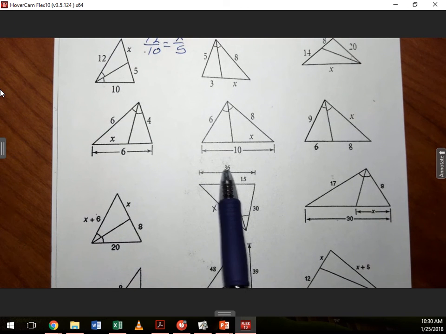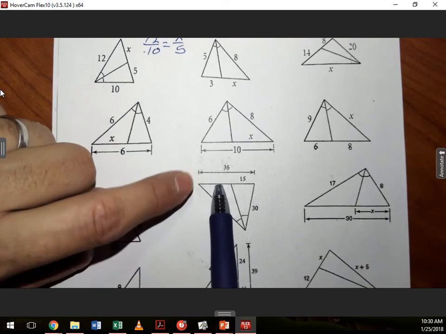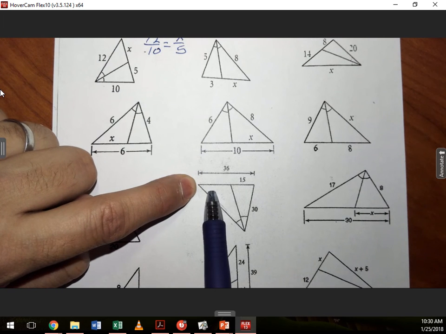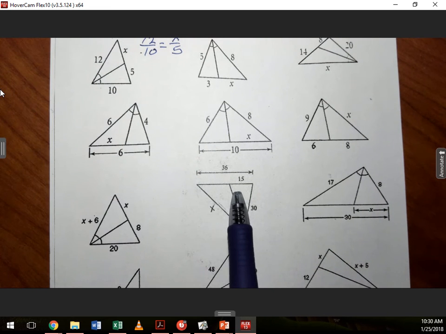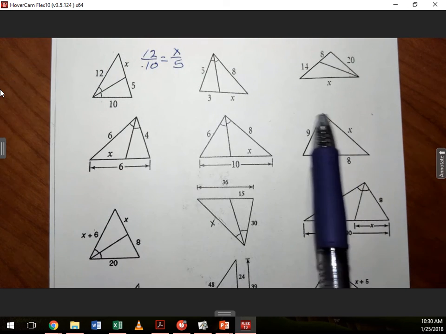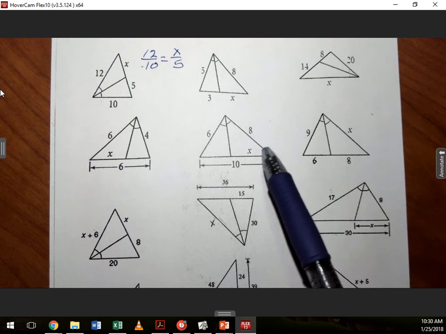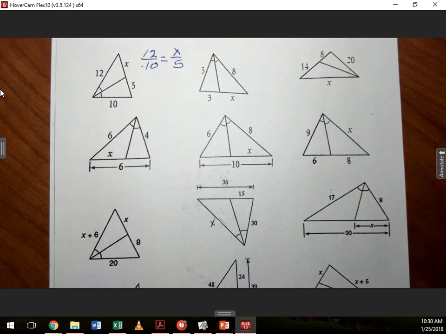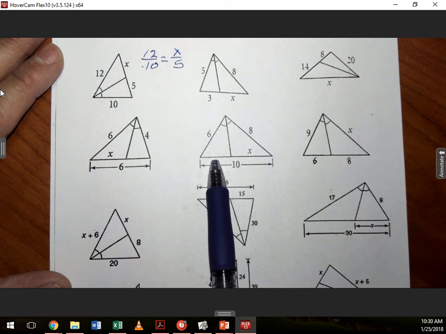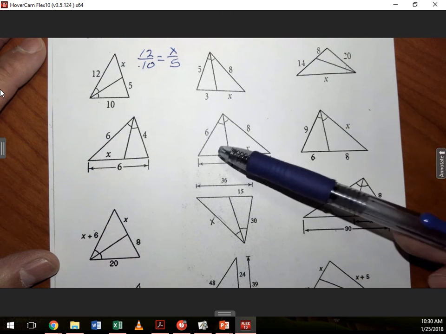It would be 36 minus 15 would give me this piece right here, right? Okay. Exact same steps. Because we're including a variable in this, you would have the same steps. So, this piece right here, what would I write?